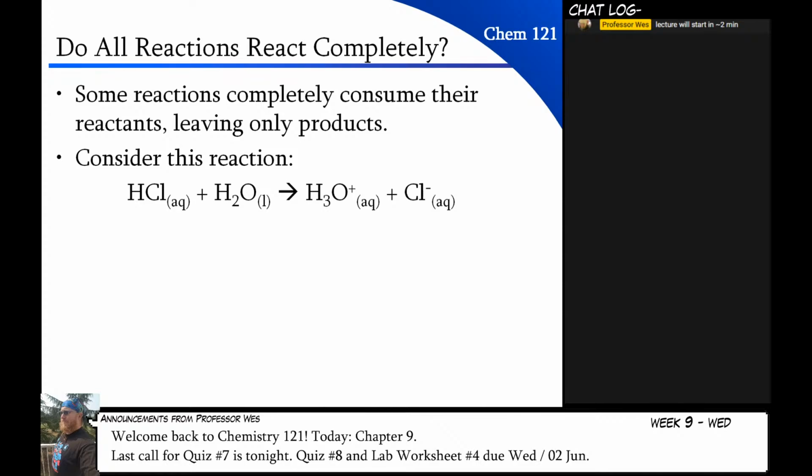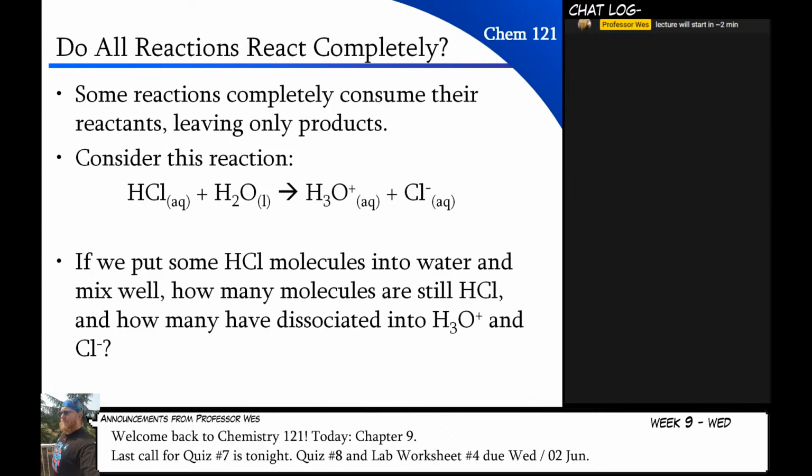For this reaction specifically, HCl and H2O react to form H3O+ and Cl-. So this is the dissociation of a strong acid. This reaction does actually behave as we described. The HCl dissociates 100%. If I were to look into the container for how much HCl is available, I would find that there's absolutely no HCl there.